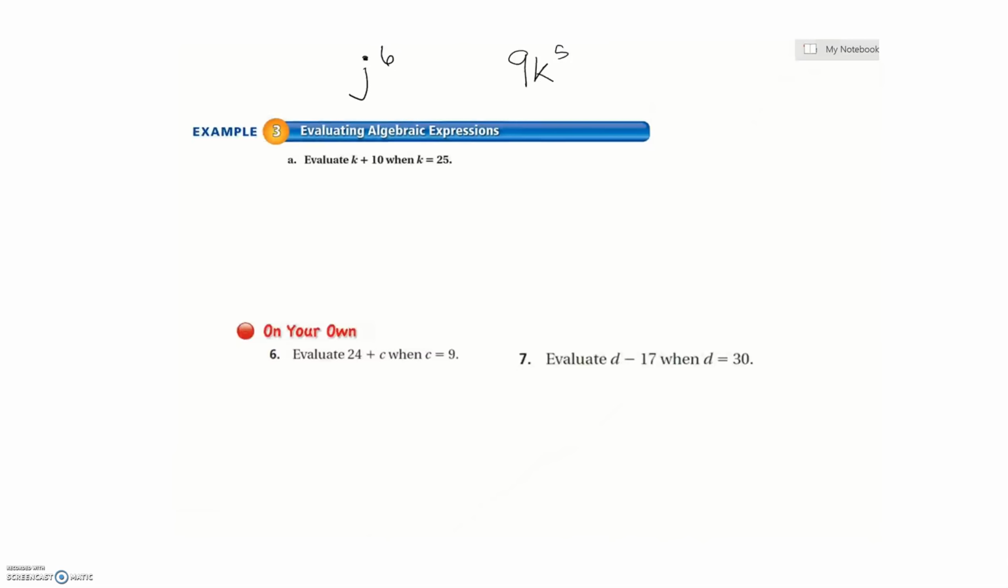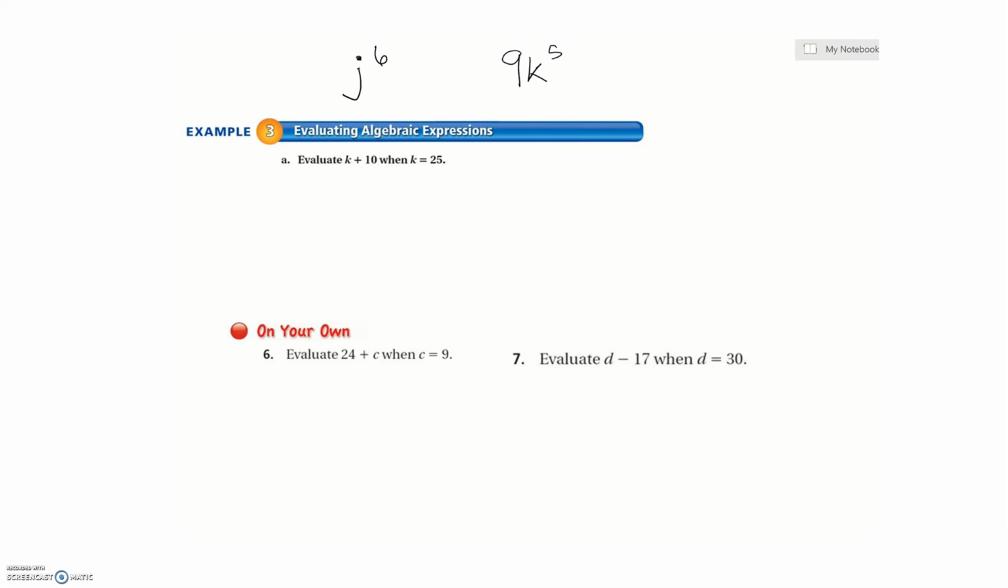Let's move on to example 3. Example 3 is evaluating algebraic expressions. Here I have an algebraic expression because there's a variable in it. I want to figure out my answer, so I'm simplifying. I'm telling you what K represents, so you have to substitute the 25 in for the K. You're just replacing it.